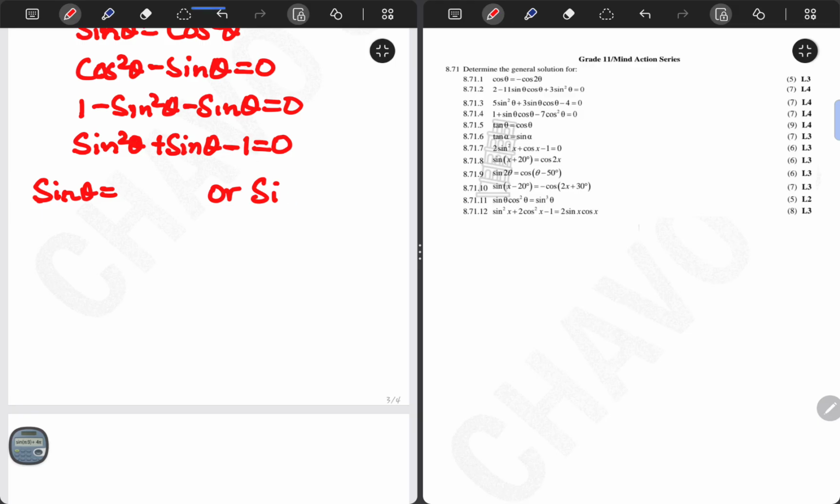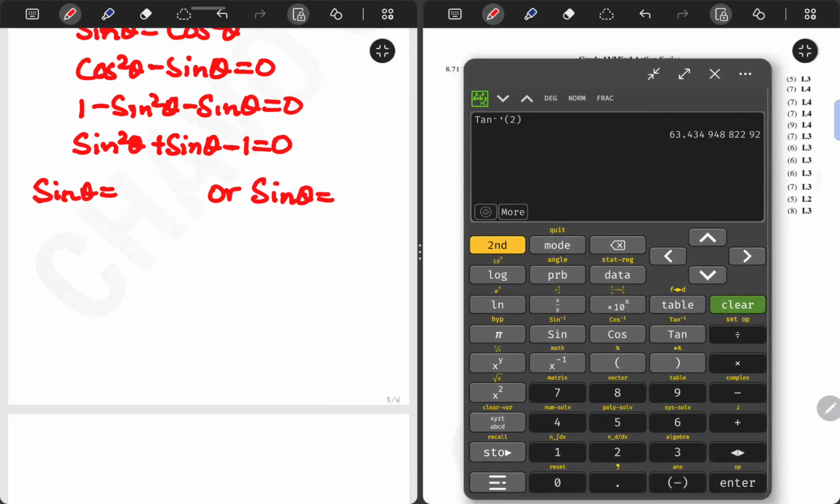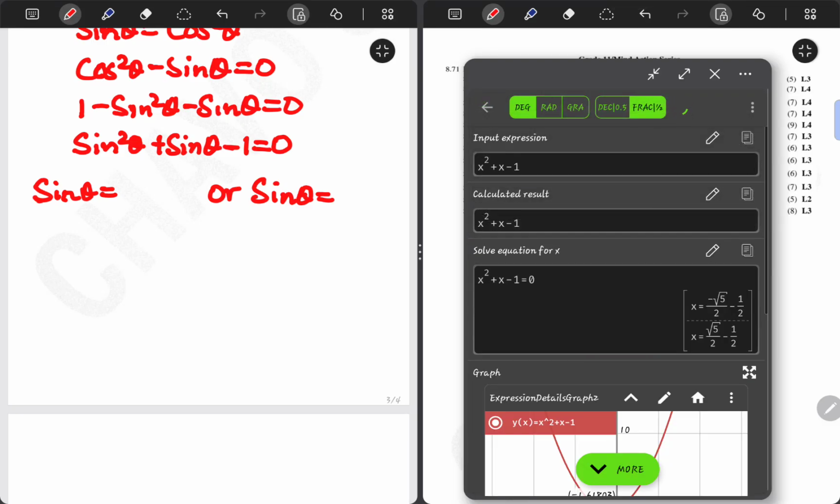I'm going to use my clever calculator. I'll take sine as x. So x squared is the same as sine square plus x minus 1.